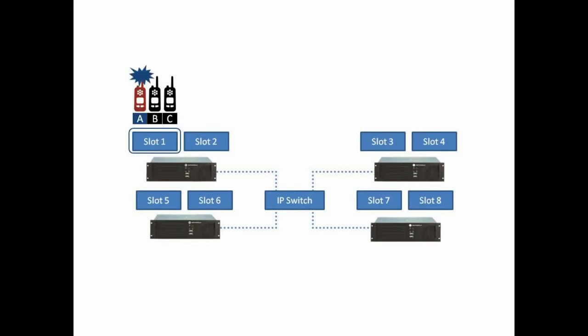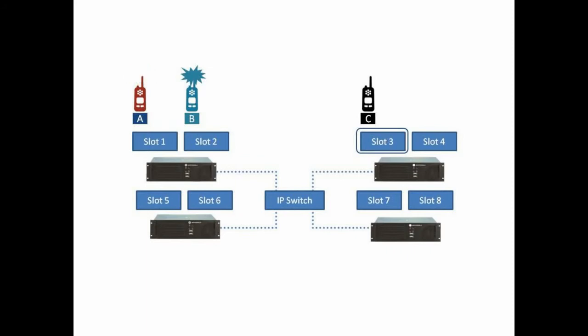Slot 1 becomes a voice channel, and the other radios move to the new rest channel on slot 2. Another radio from Group B makes a call, and slot 2 also becomes a voice channel, and the remaining radios move to the new rest channel on slot 3. Now that Group A has finished their conversation, the radios join the other radios on the rest channel, and the process is repeated for every call setup.